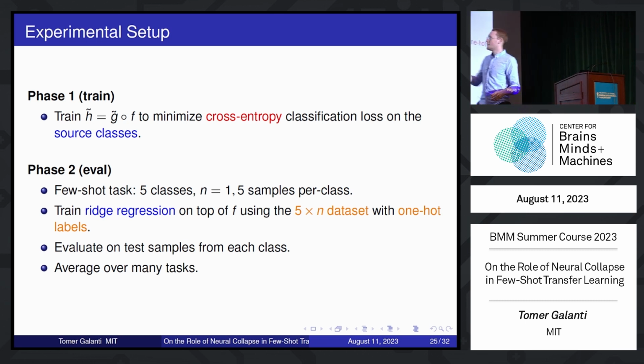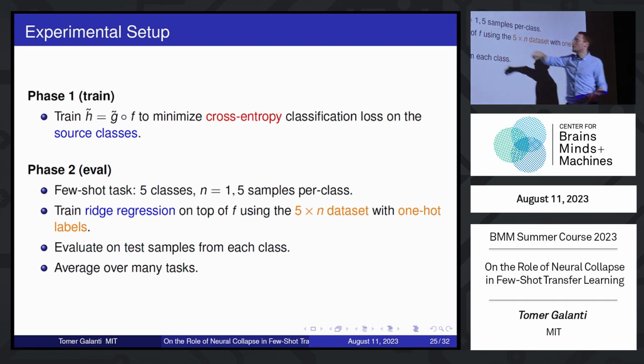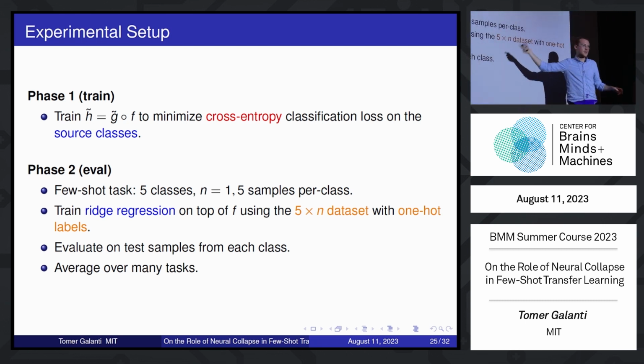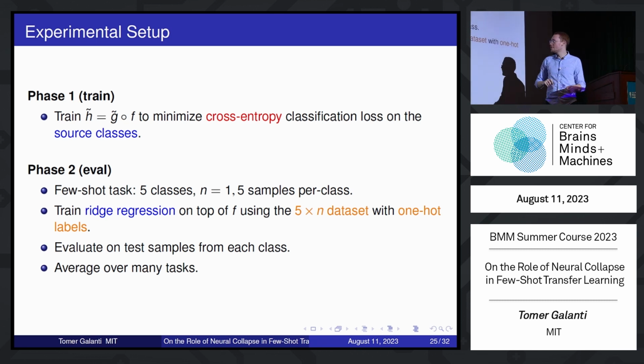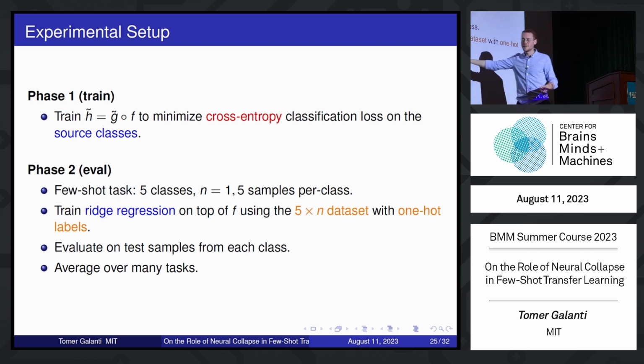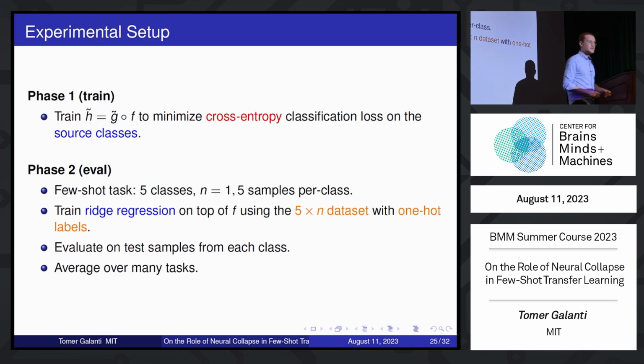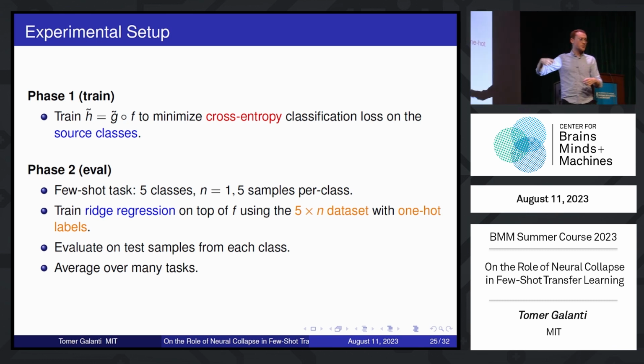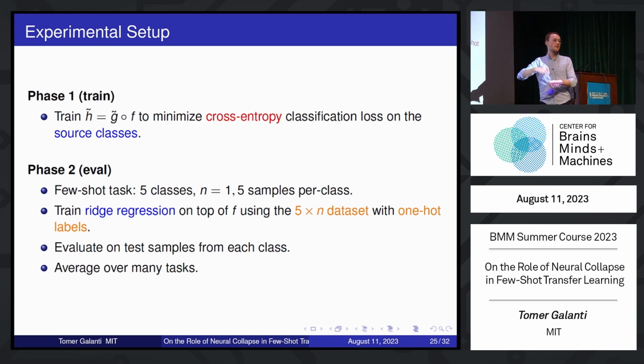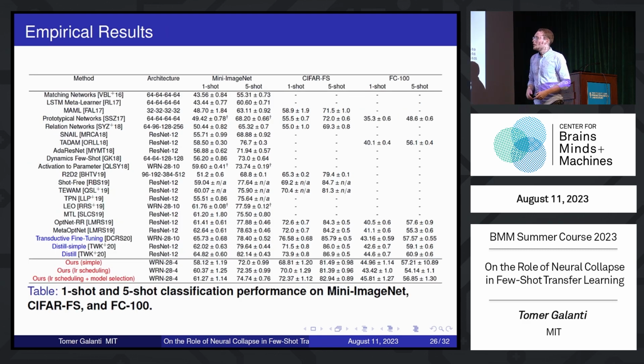And in the second phase, we take the pre-trained model and we train classifiers on top of it with 5 classes and 5 samples per class, let's say. And then we evaluated these models on new test samples, and we averaged. So we can evaluate on many tasks.